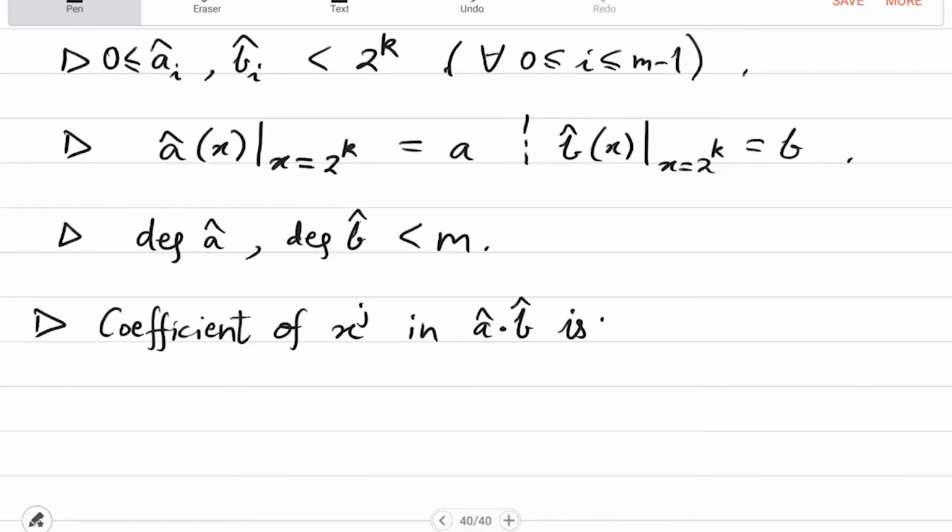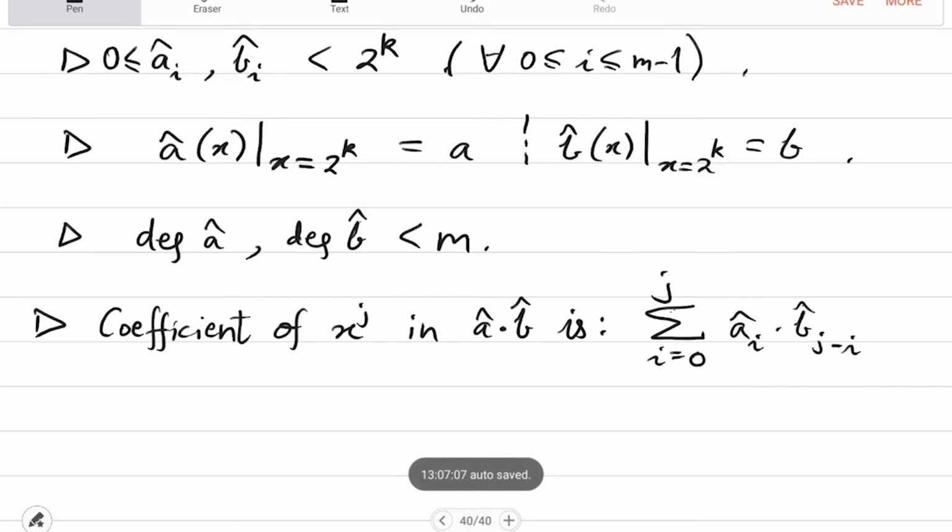So this will be sigma i from 0 to j of ai hat times b j minus i hat. These are the numbers which are the coefficients of a hat and b hat, and these products you take and sum up to get the coefficient of x to the j in the product.